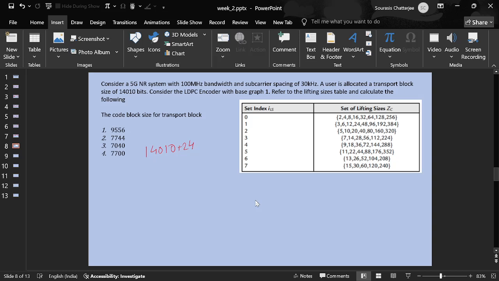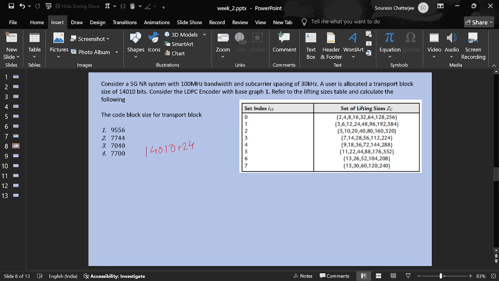That we will get to, but first we need to check why we need CBCRC in the first place. If my transport block size is less than the maximum input block size, is CBCRC included in that scenario? No, it's required when it's segmented, right?